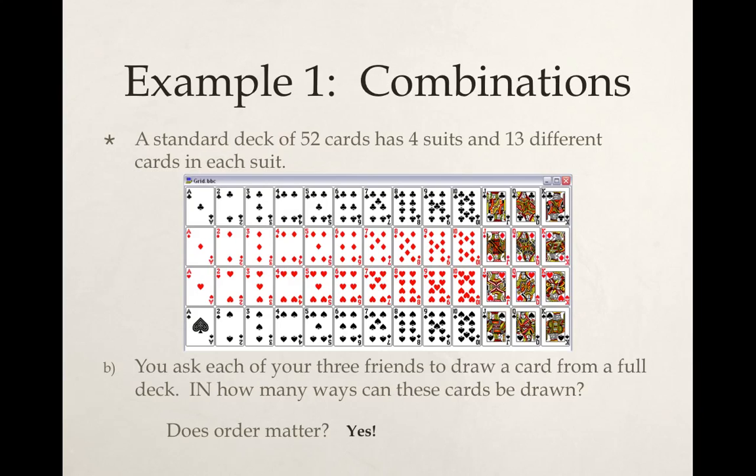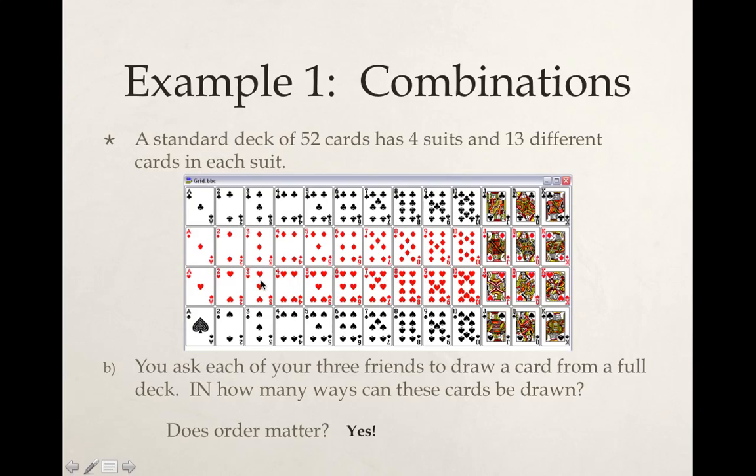In a sense, yes, it does. Because if your 3 friends draw the same 3 cards, but different friends have different cards, then that's a different result. For example, let's go back to Amy, Bob, and Carl. If Amy draws a 2 of hearts, Bob draws a 3 of hearts, and Carl draws a 4 of hearts, that's one result.